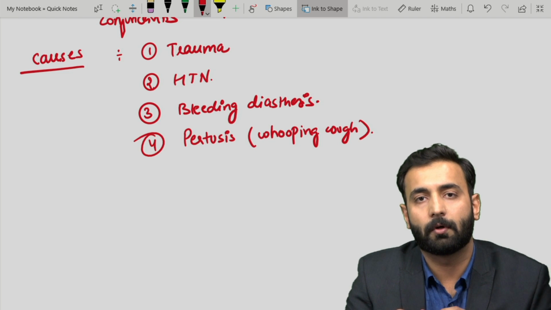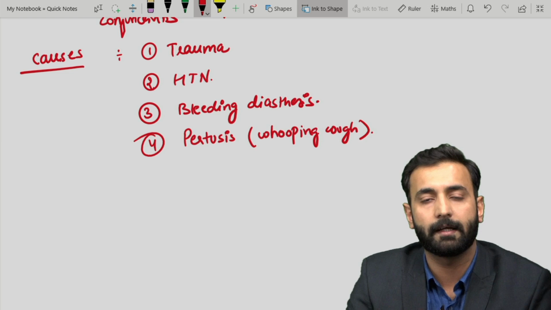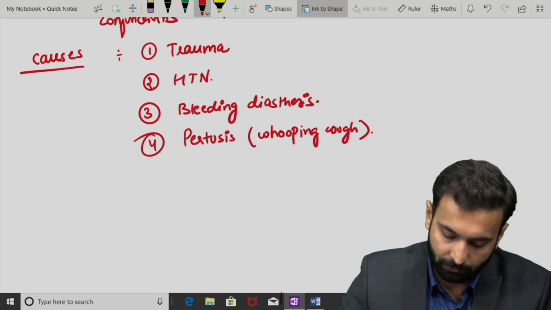So this is all about subconjunctival hemorrhage. You should know the most common viral cause is enterovirus type 70. So let's discuss the other question.